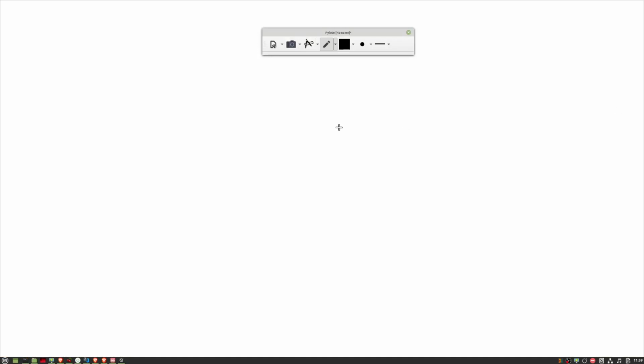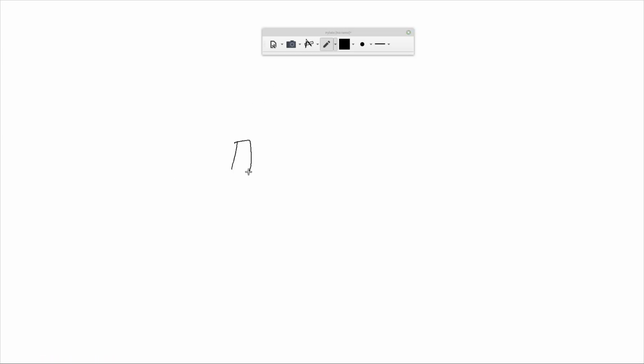Well, in trading, suppose this is your candle. Let me draw it. Okay, and suppose the market is going like this and then like this.